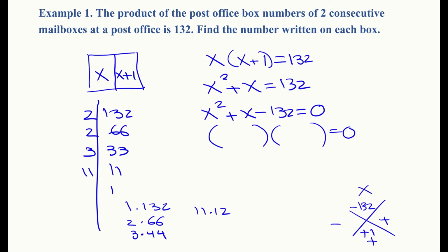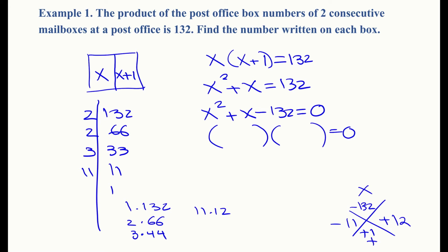And of course, since we want a positive sum, we're going to make the bigger one positive and the smaller one negative. Now we look and we notice that the product is negative 132, as we can see here. 2 times 2 times 3 is 12 times 11. We know that's 132. And their sum is positive 1.